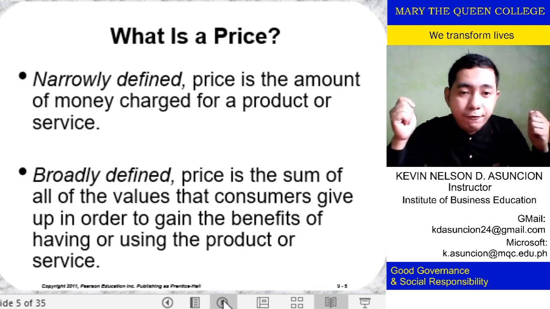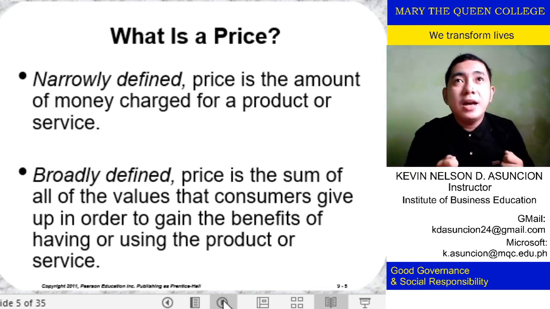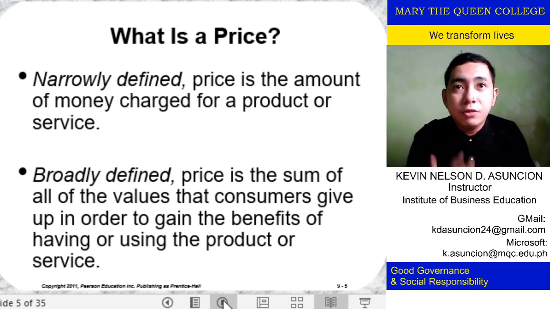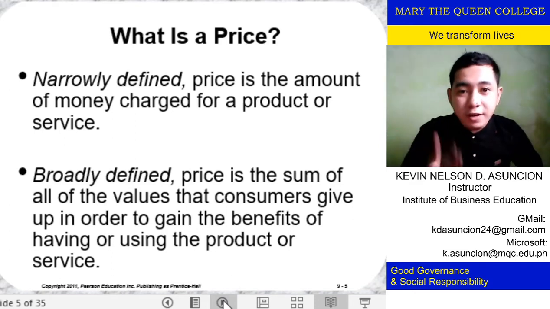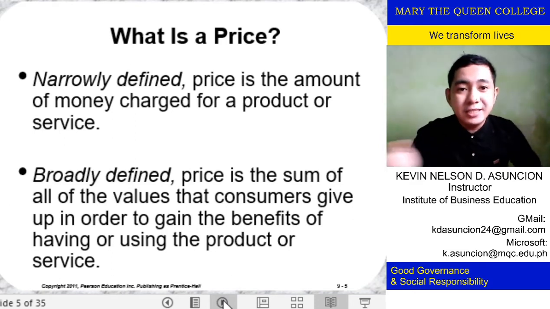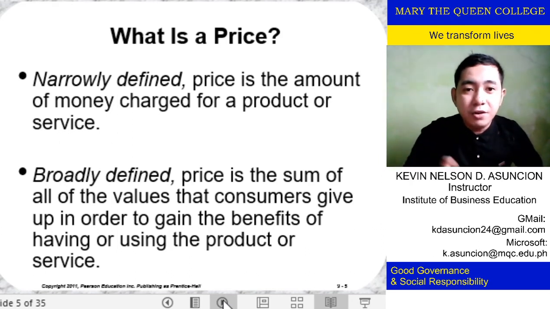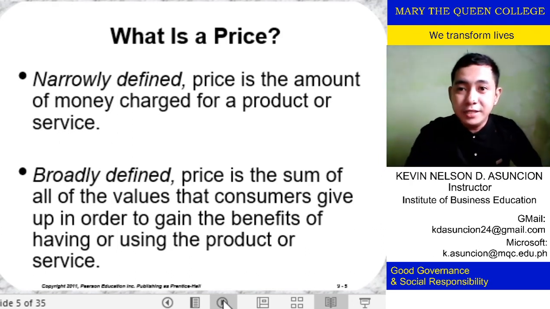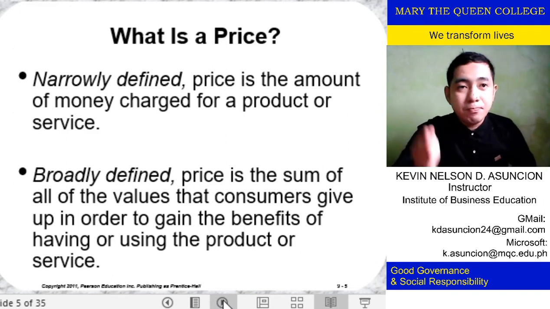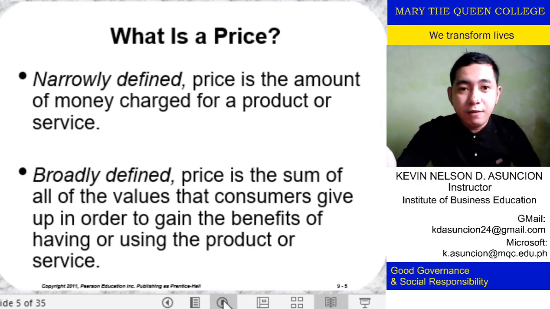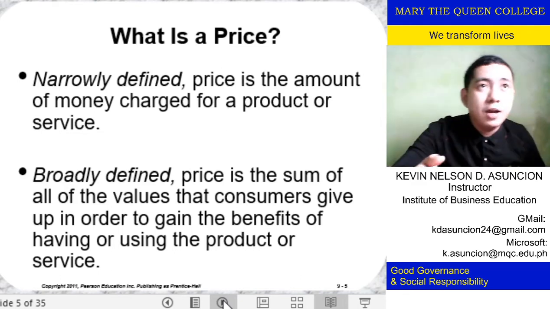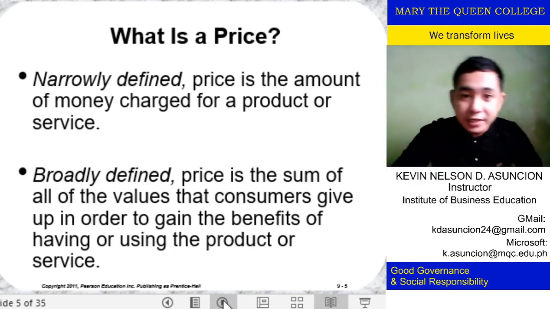But if we really define the meaning of price, price is the sum of all the values that consumers give up in order to gain the benefits of having or using the product or service. Remember, customers just do not purchase products because it's cheap or mura siya, no?